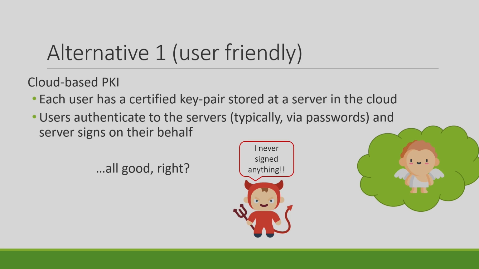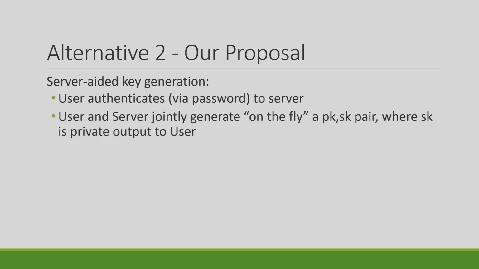So we have two problems there. There's the problem of repudiation, which is indeed very relevant: any user can say, I didn't sign this, it was signed by the server and I had nothing to do with it. And there's also the problem of untrusted or malicious servers that would misbehave and sign things. So we need a better solution somehow.